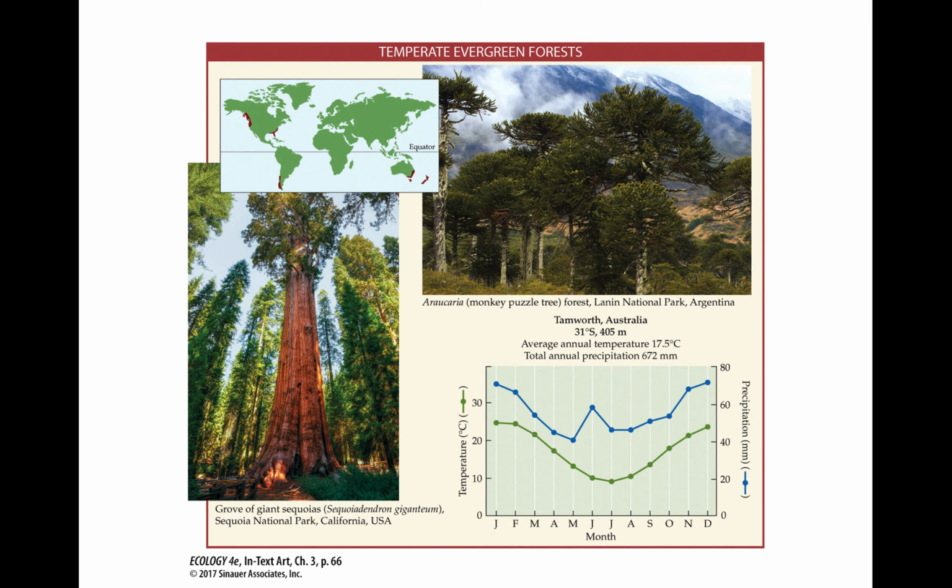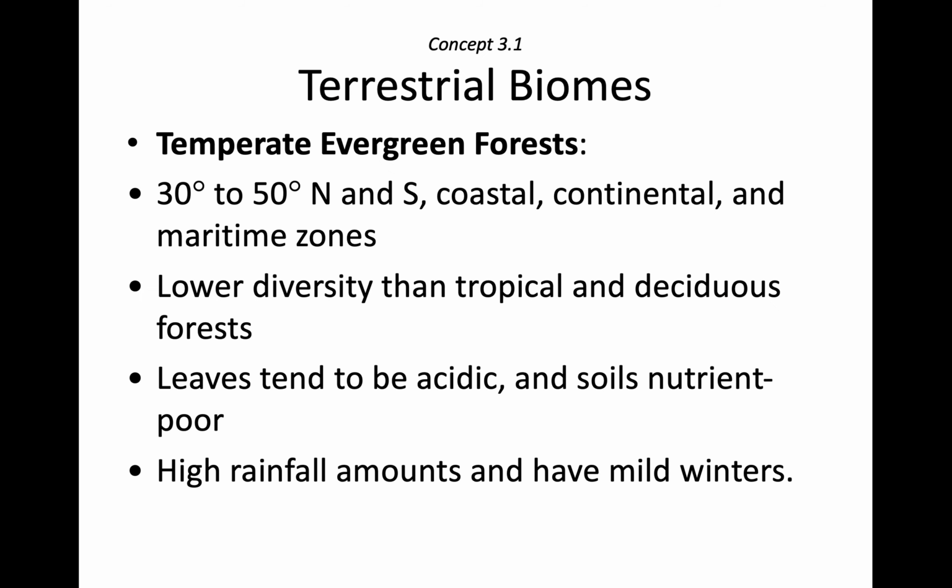If you look at the map, there's only a few areas that are characterized by these, and the Pacific Northwest is one example. So just think of Pacific Northwest. It's lower diversity than tropical and deciduous forests, and leaves tend to be acidic. Soils tend to be nutrient poor. You get a high amount of rainfall, and you have mild winters. That's what the Pacific Northwest and other temperate evergreen forests are known for.